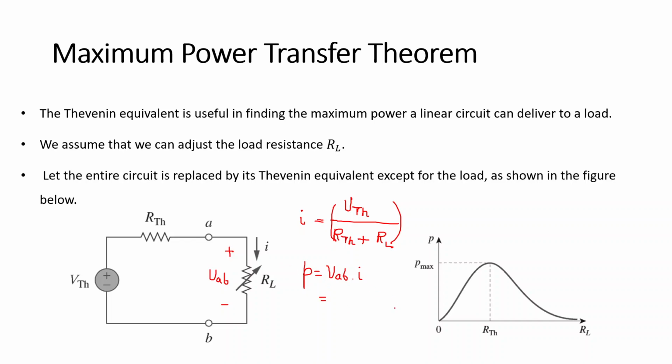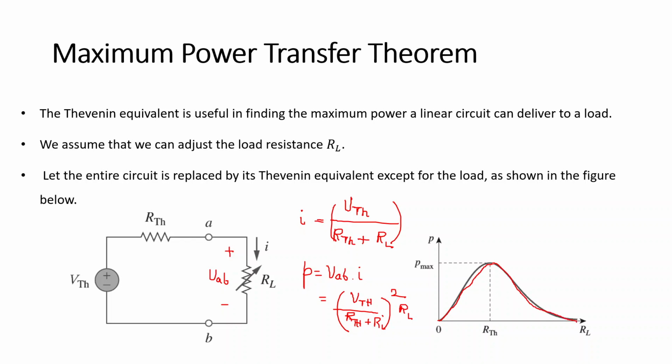By the voltage divider rule, we get VAB to be V Thevenin by (RTH plus RL) into RL, and I is V Thevenin by (RTH plus RL). So here we have a square into RL. If we plot the power to the load against the load resistance, we get this form of a curve. It rises up, reaches some maximum value, and then falls down to 0 again.